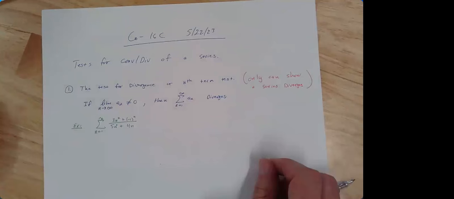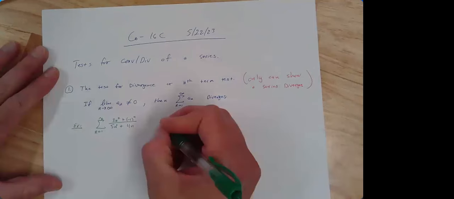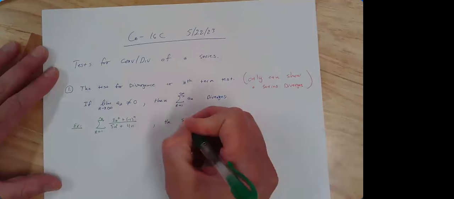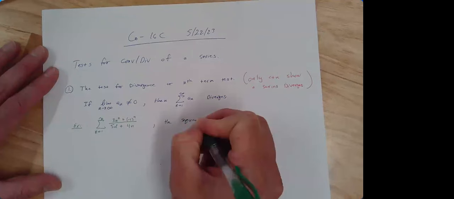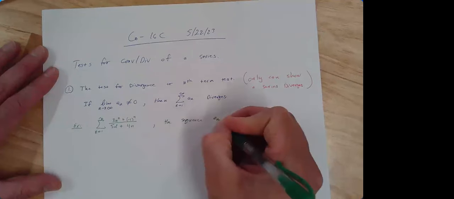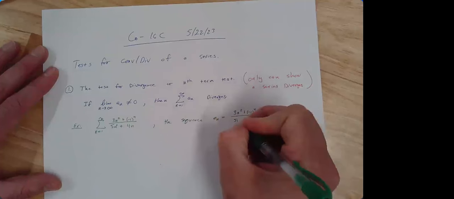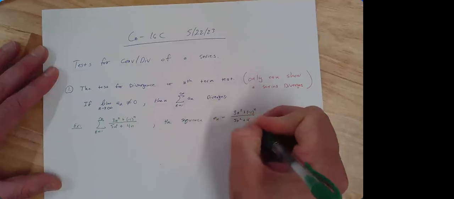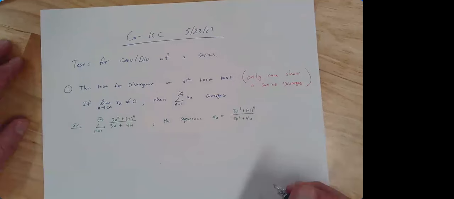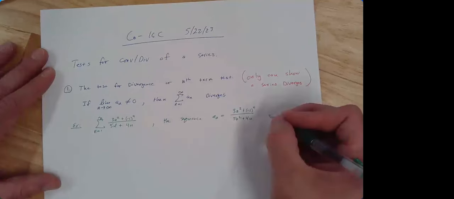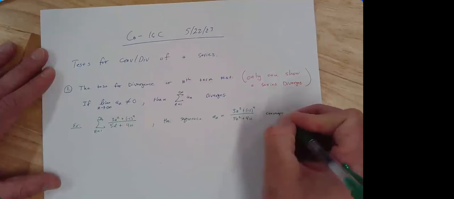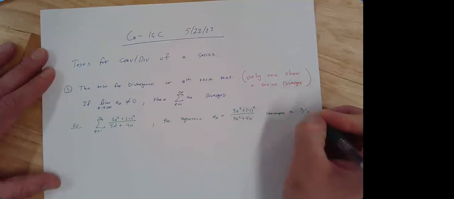That sequence, so I should say, the sequence a sub n equal to (3n squared plus (-1)^n) over (5n squared plus 4n) converges to 3/5. You can show it.